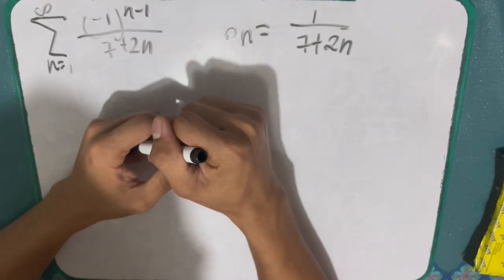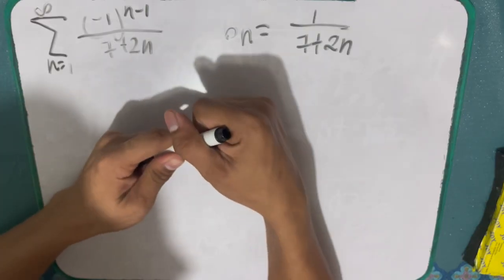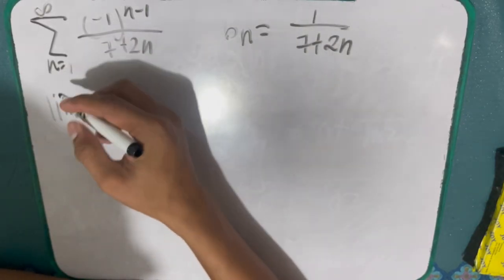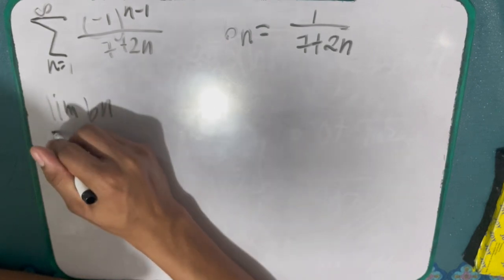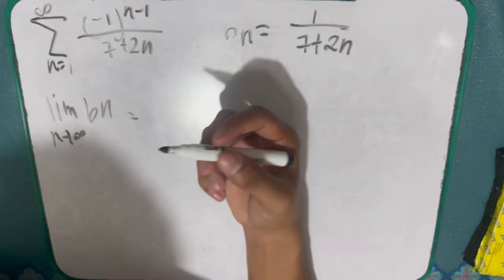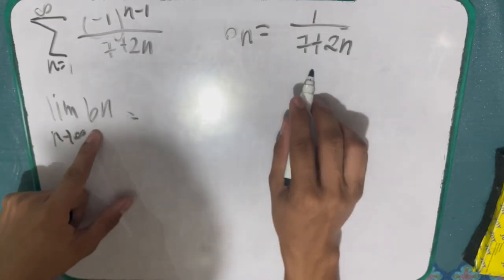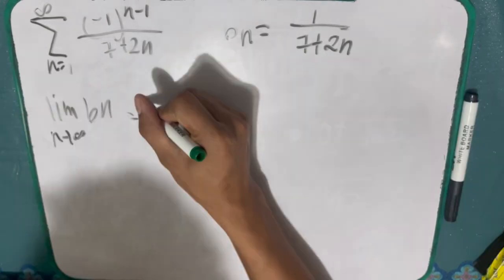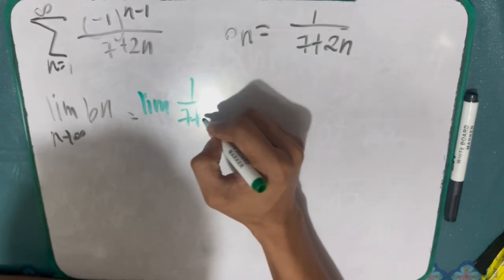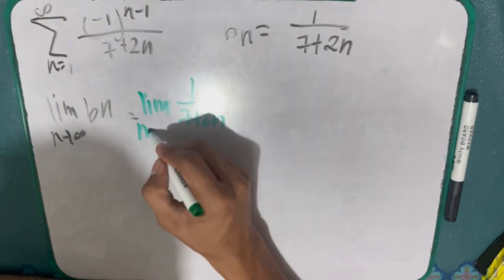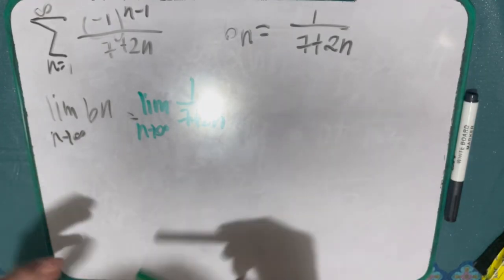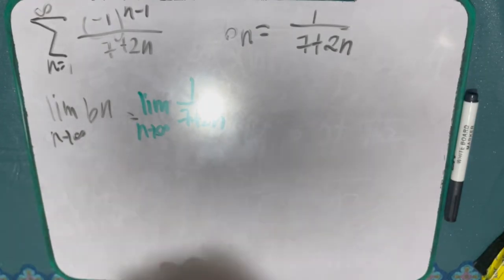So let's take a look at this limit. We have the limit of bn as n approaches infinity. So we substitute our bn, so we have the limit of 1 over 7 plus 2n as n approaches infinity. And so we apply directly the limit.